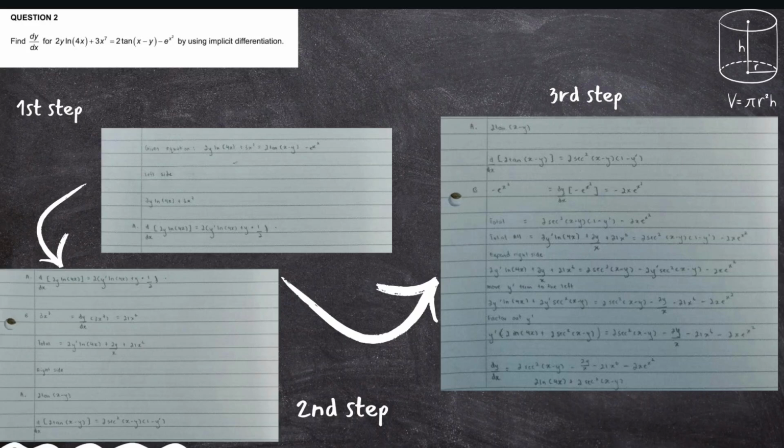For the right side, 2 tan x minus y differentiates to 2 sec squared of 2x minus y multiplied by 1 minus y prime, and negative e to the power x squared differentiates to negative 2x e to the power x squared. Then we expand the right side.